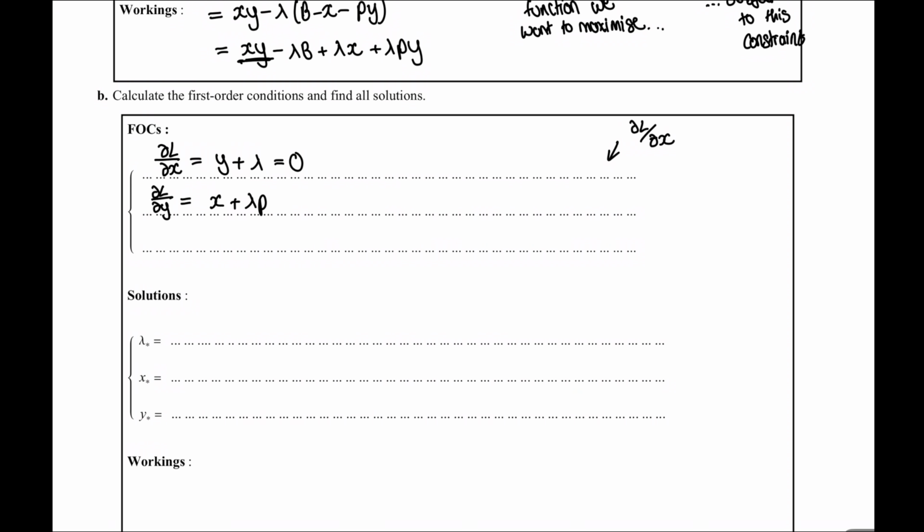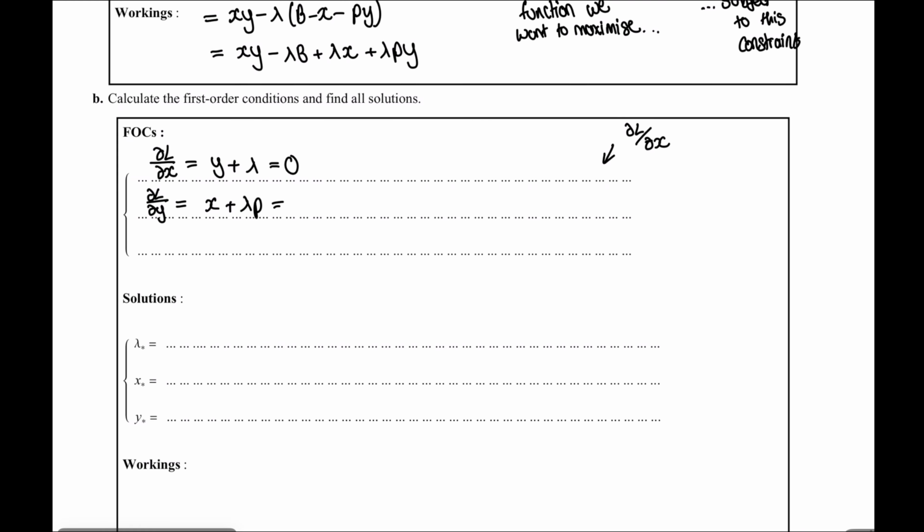So this part will differentiate to x, and then over here we get lambda p. And again, this is also equal to 0. And if we differentiate with respect to lambda, because that's another variable, we get minus b plus x plus py, and that's also equal to 0. Hopefully you can see that from here.